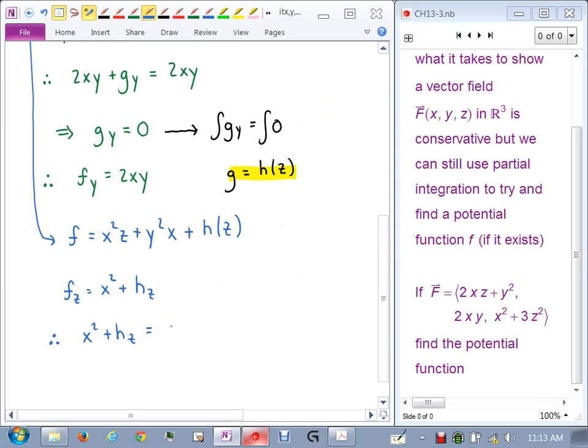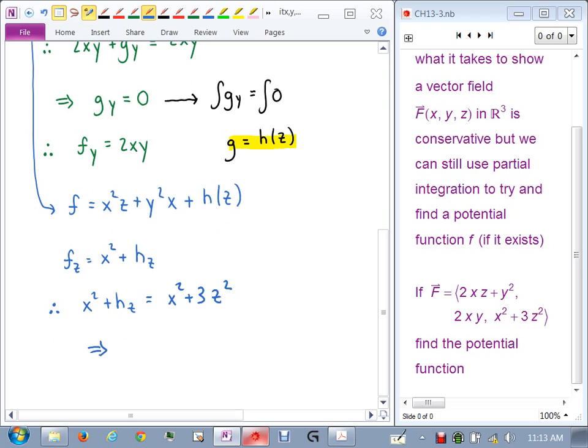So that implies the partial of h with respect to z must be 3z squared. Are you going to be able to now tell me what h of z is? This is the derivative of h with respect to z, right? So what is h of z? Integrate both sides.